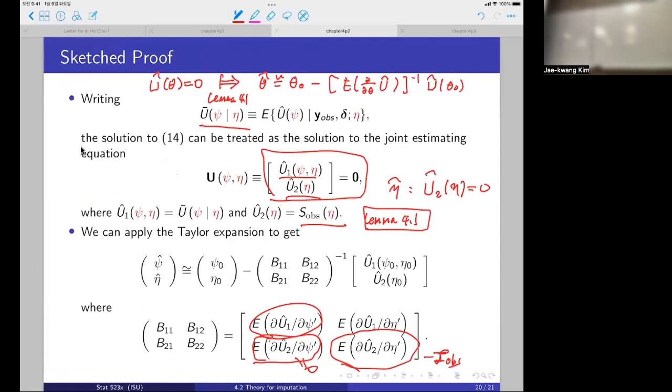When you differentiate with respect to the second component, it's a little bit more tricky than the first. So this is the main challenge, the main hurdle, I guess. But we already covered this topic before.